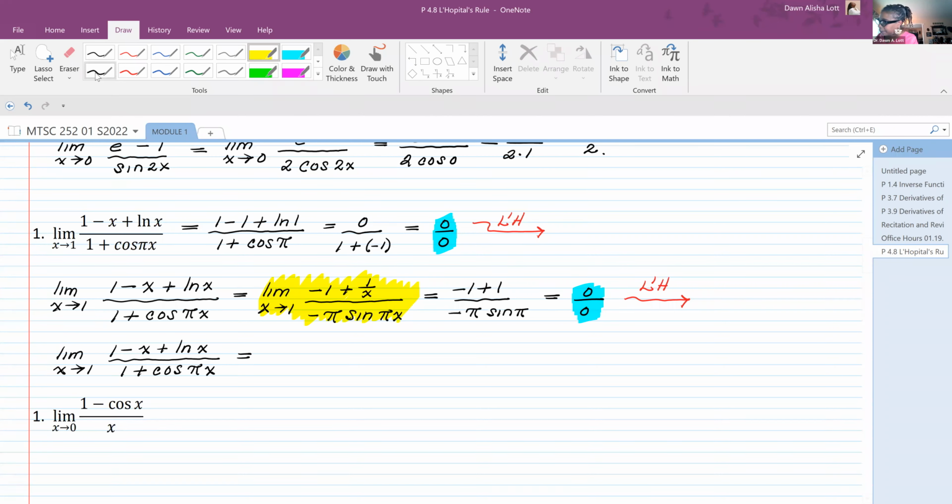All right. So the derivative of this, in the numerator, I'm going to get minus 1 over x squared. In the denominator, I'm going to get minus pi squared times the cosine of pi x. Okay.